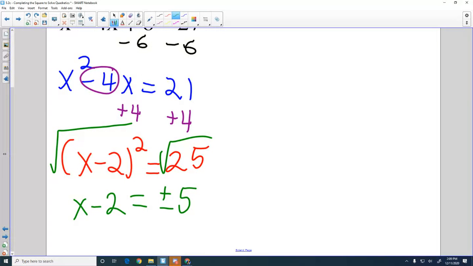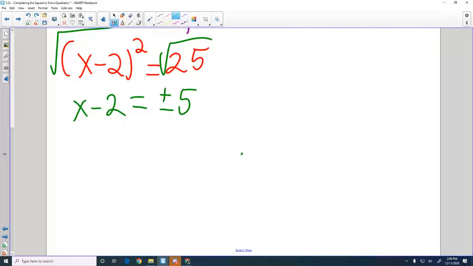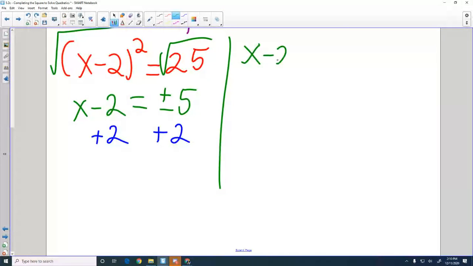Then you just add the 2 over. But wait, what do you add 2 to? Plus or minus 5. So you set up your 2 equations. If you want, you can think of this as saying x minus 2 equals 5, and x minus 2 equals a negative 5.